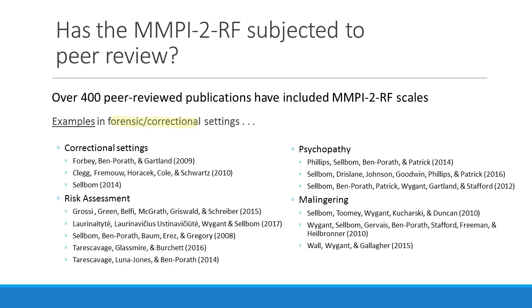This is very much an abbreviated list, but you can look at correctional settings, risk assessment, psychopathy, malingering. These are some areas that have been addressed in great detail, but also, of course, just using the test more generally. What are the external correlates in these types of forensic correctional settings have been published as well.